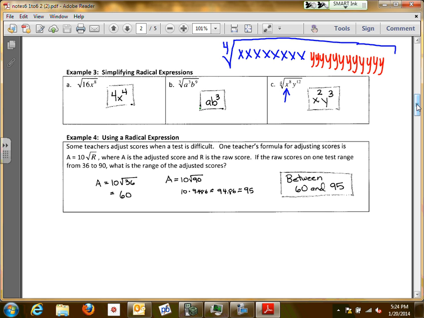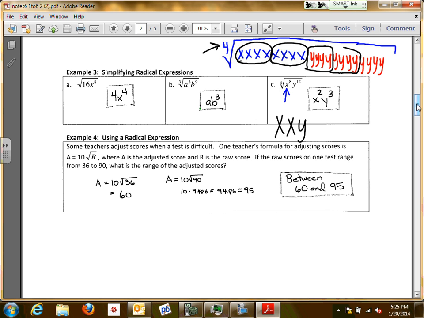So I need groups of 4. In order for me to pull out an x, it has to be a group of 4 x's. So I have got this group that comes out as an x. These 4 x's come out as an x. These 4 y's come out as a y.